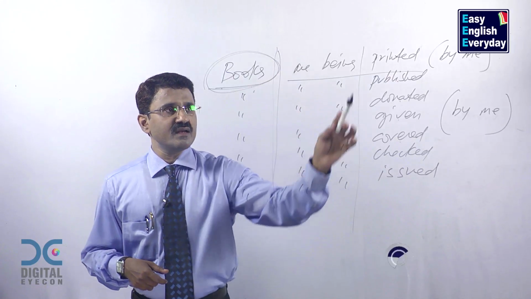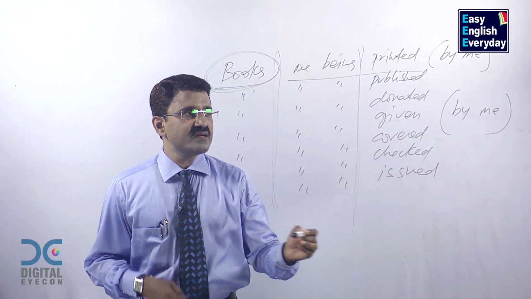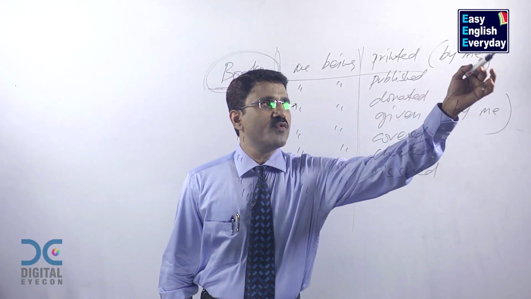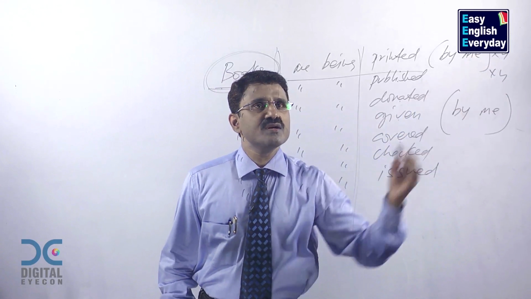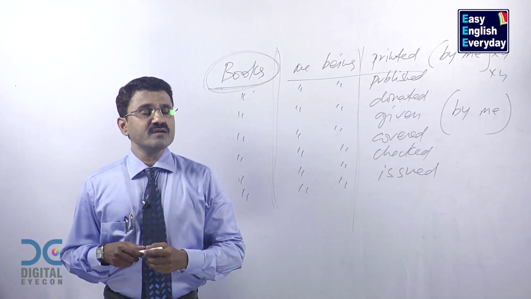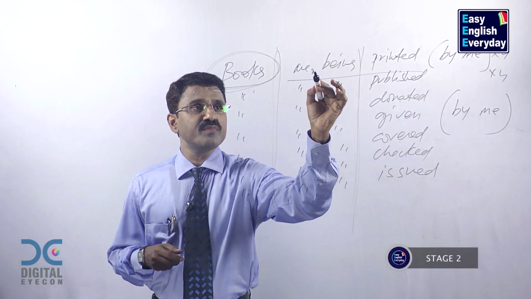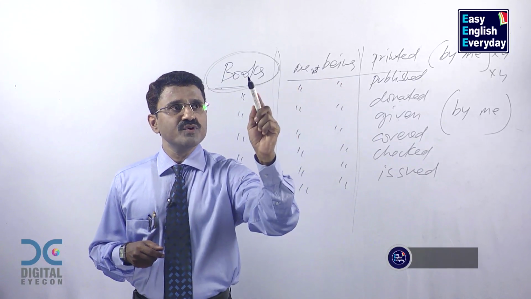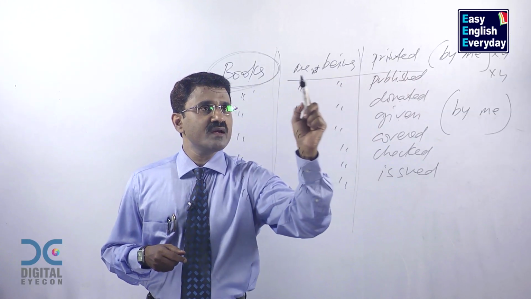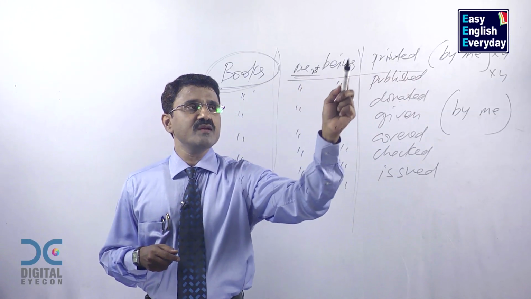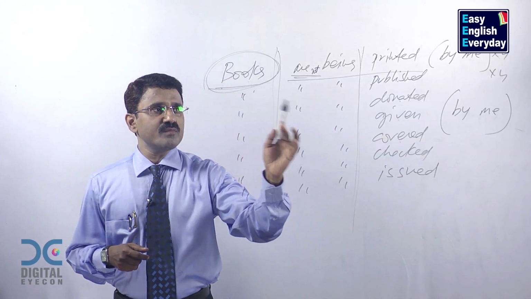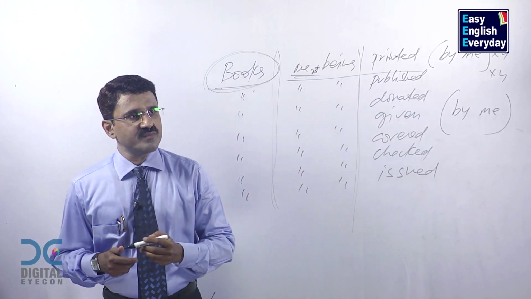After making a large number of sentences like this, try to make four forms with every sentence. Books are being printed by me. Books are not being printed by me. Are books being printed by me? Aren't books being printed by me? Books are being published by me. Positive statement.